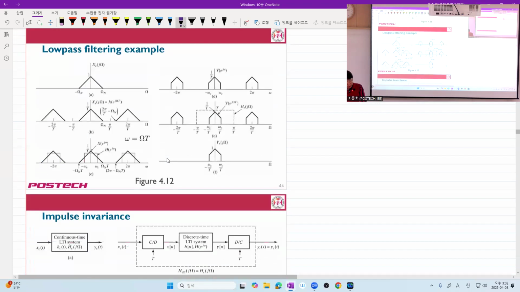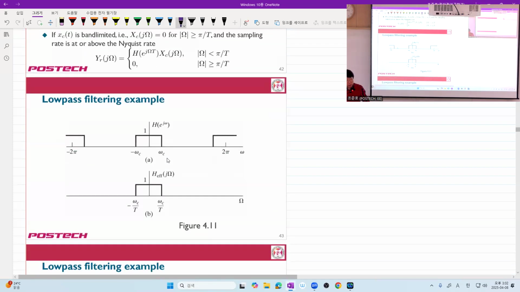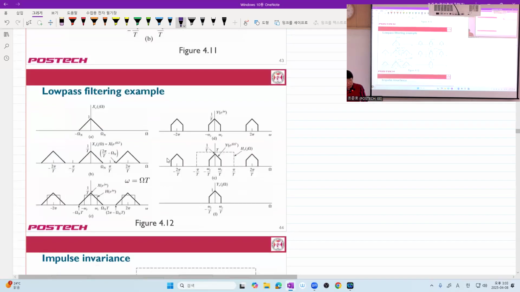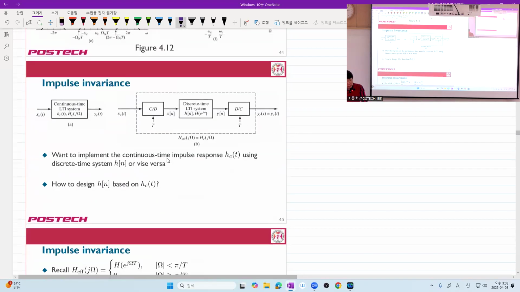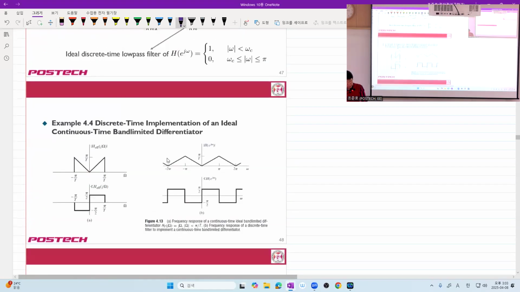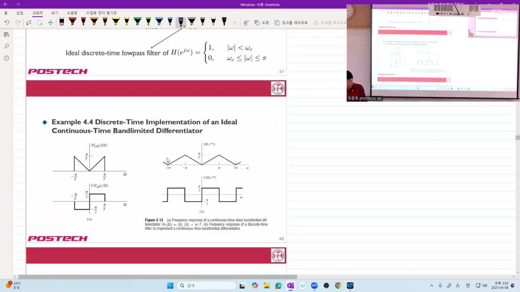Low-pass filtering can be done. Analog low-pass filtering can also be done by doing this DT processing of CT signals, and some other things. Even differentiators can be implemented using this one.